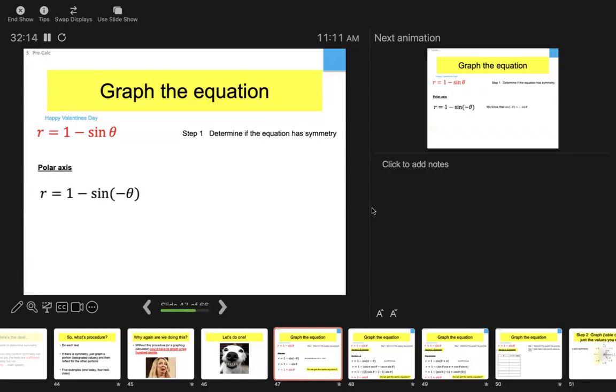So I'm going to replace theta with negative theta and see if we get back to that equation there in red. Wouldn't it not, because it's an odd function, so the negative goes to the front, and so it'd be 1 plus sine theta, and that isn't 1 minus sine theta. Okay, so it doesn't have polar axis symmetry. What's the next test?